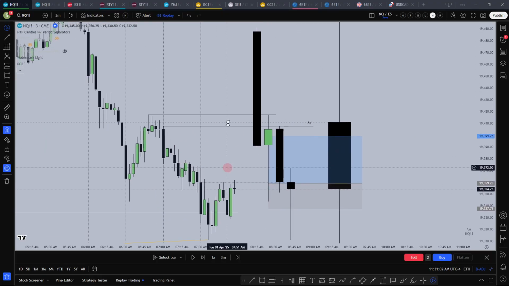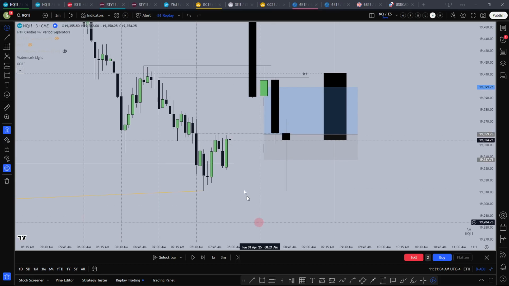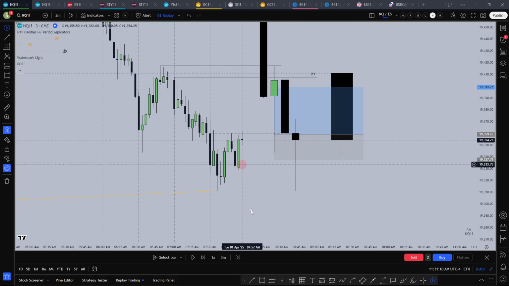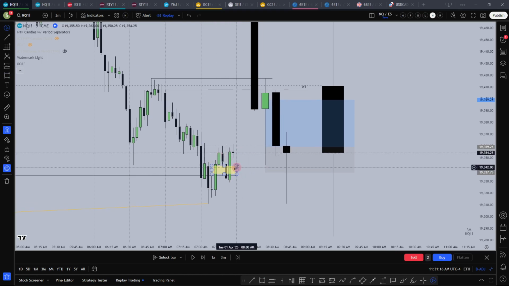I was about to enter on this smart money reversal, low risk buy, but I instead used this as a framework rather than as a means of entry. EQ of this opposing candle being respected.